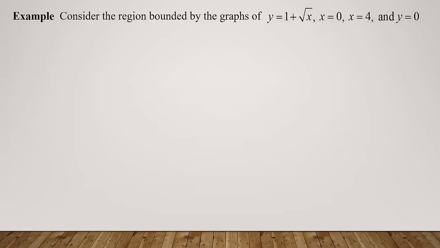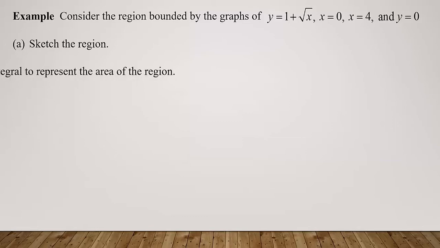All right, so now that we're getting some practice evaluating definite integrals thanks to the fundamental theorem of calculus, let's check out this example. Consider the region that's bounded by the graphs of y equals 1 plus square root x, x equals 0, x equals 4, and y equals 0. The first thing we're going to do when we head off to the board is sketch the region that's described.